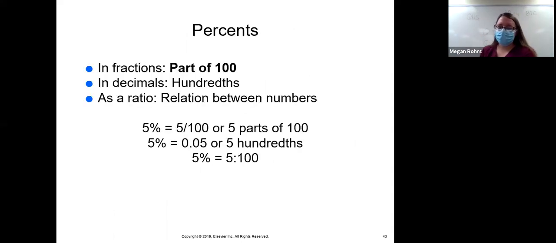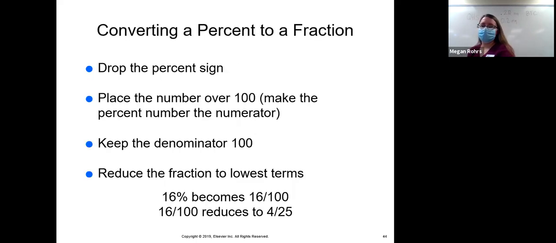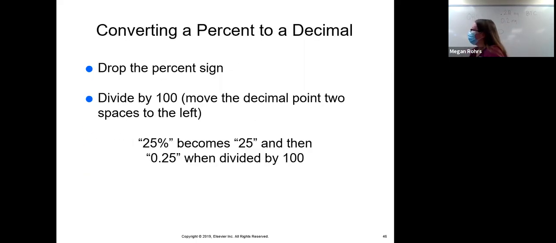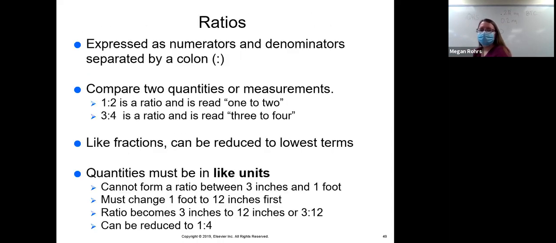And then percentages. And then converting between percentages and fractions, and back the other way, percentages to a decimal, and back the other way. And then ratios. So ratios are just like fractions, kind of just flipped on their side.